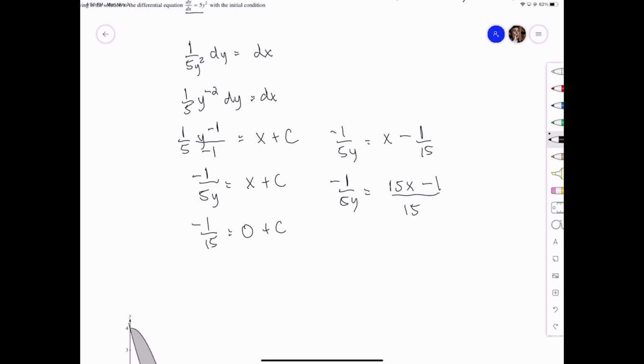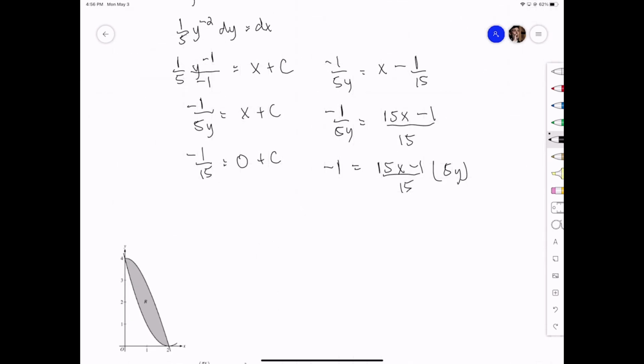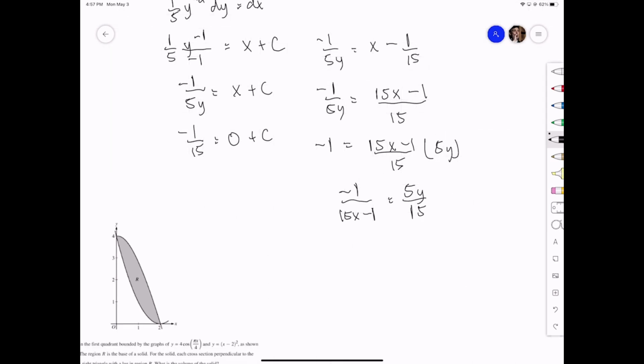So what do I do? Okay, I'm going to multiply by 5y, and then I'm going to divide by 15x minus 1. And then I'm going to make this y over 3.